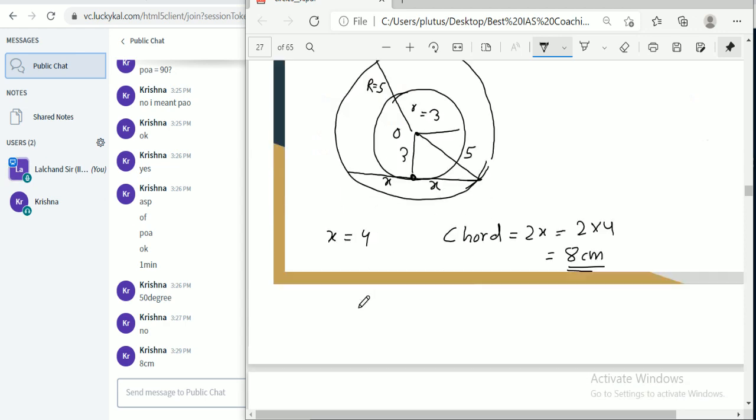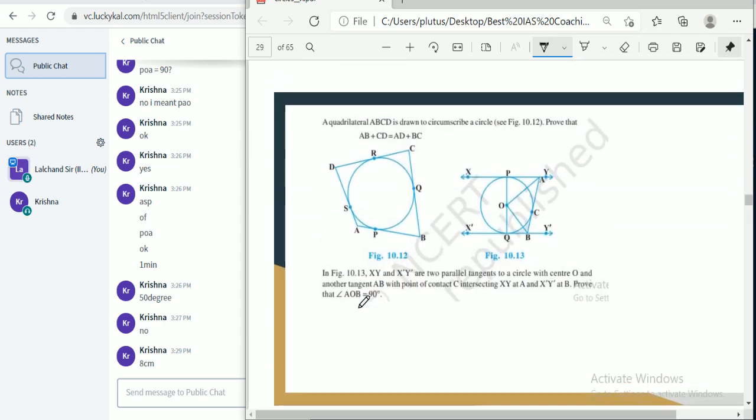Okay, so let us move on to the next question. Try to solve this question. The diagram for this question is this first one. This question is quite important, several times asked in CBSE examination.